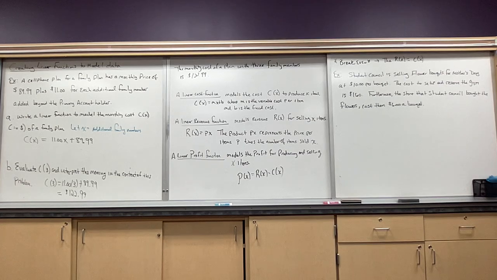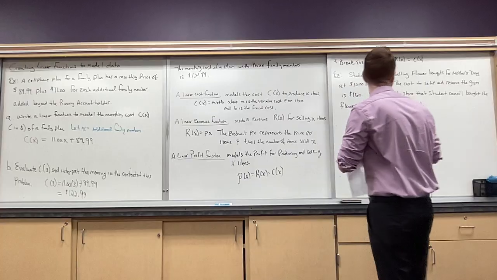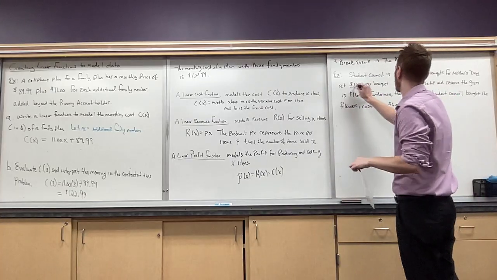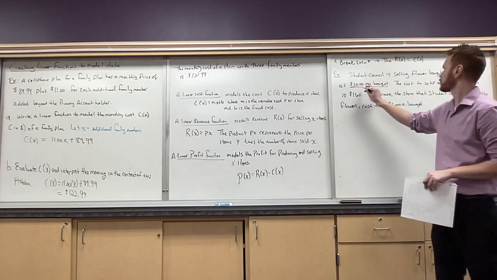Okay. I think a lot of times, I know in the past, I've always had people say, I don't know where to start. And first I've got to write the questions down. But highlighting or underlining key parts can help. So in this problem, I know we sold it for that much, so if you want to, put "sold" underneath it.